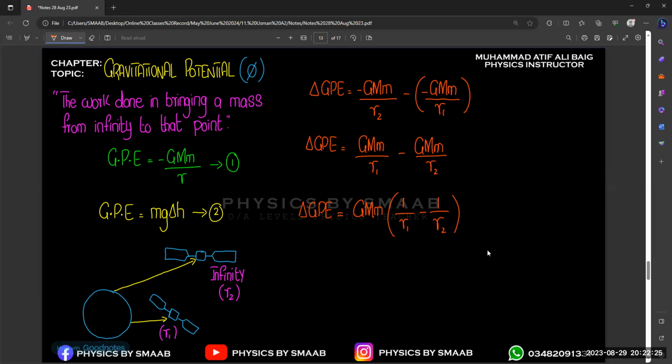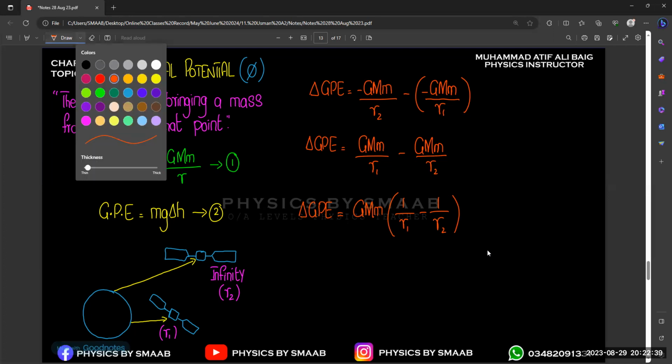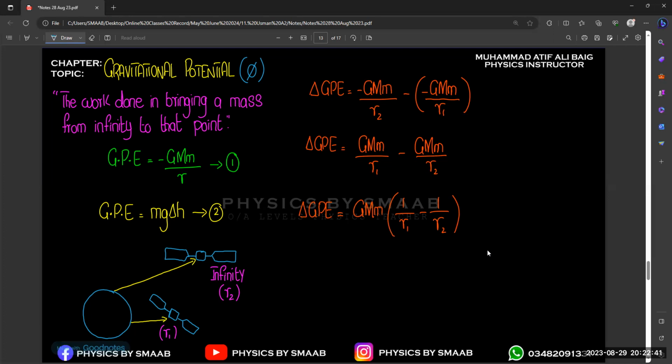So this is the concept. This equation gives you the value of change in gravitational potential energy. Sorry, a change in gravitational potential, right? And if you want to find out the clear potential, because this is gravitational potential energy, GPE, and if we want to compare the gravitational potential only, not the energy, so phi is the symbol for gravitational potential, and that will be equal to minus GM over r.